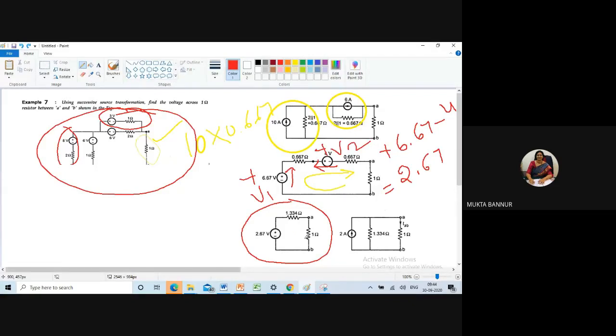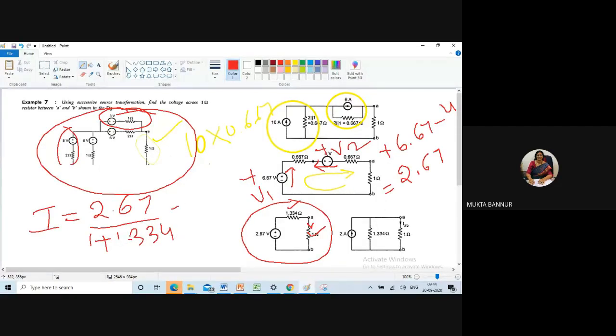See here, we can evaluate the current from this circuit also. What's the current IL? I equal to 2.67. Two resistors are connected in series. Whatever current is there in this resistance will be the current in the 1 ohm resistor. That is 1 plus 1.334.